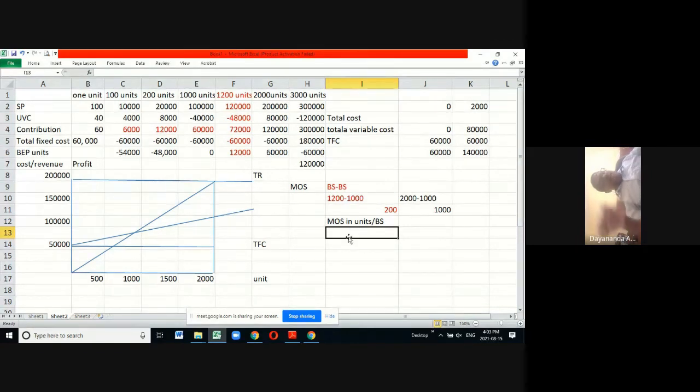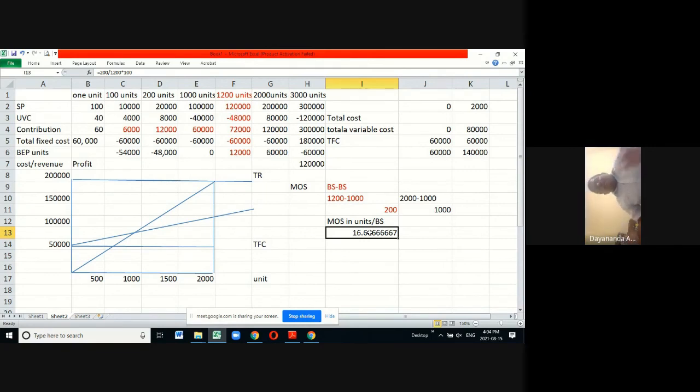Margin of safety in our case we have already calculated as 200, and budgeted sales in our case is 1,200. To make it meaningful we multiply by 100. So the margin of safety is 16%.